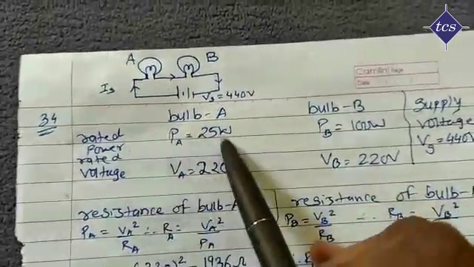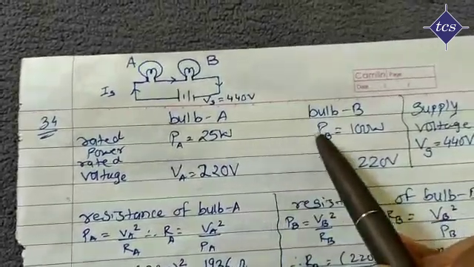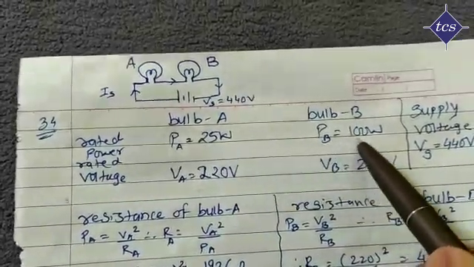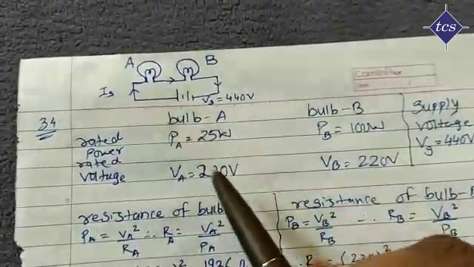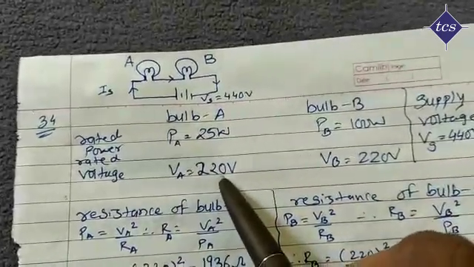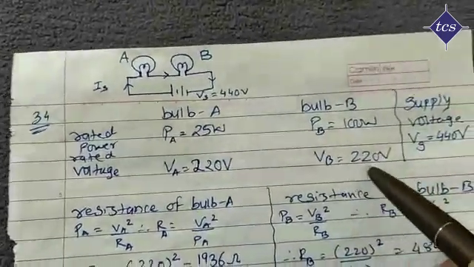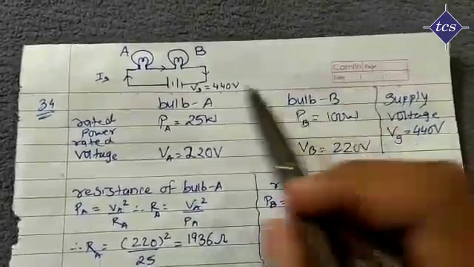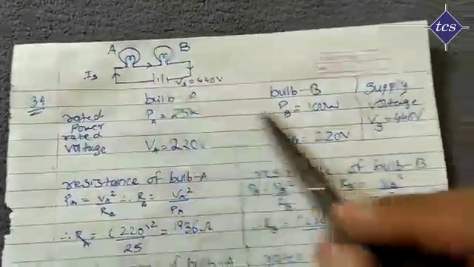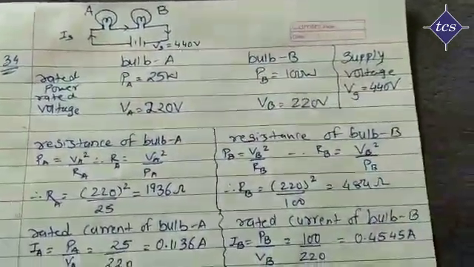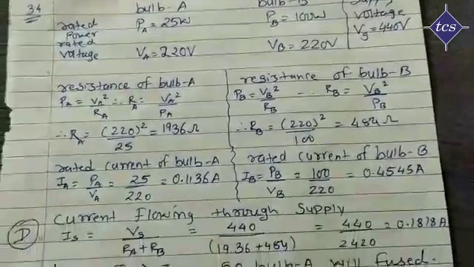Bulb A rated power is 25 watt and bulb B has a power of 100 watt. Bulb A has a rated voltage of 220 volt. Similarly, bulb B also has a rated voltage of 220 volt, and both are connected in series with a supply voltage of 440 volt. We want to find out which bulb will fuse.